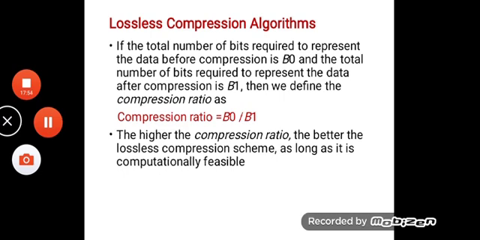The higher the compression ratio, the better the lossless compression scheme, as long as it is computationally feasible. So most of the time, generally we don't get very huge compression ratios, because in lossless compression we cannot take any kind of risk with data loss.